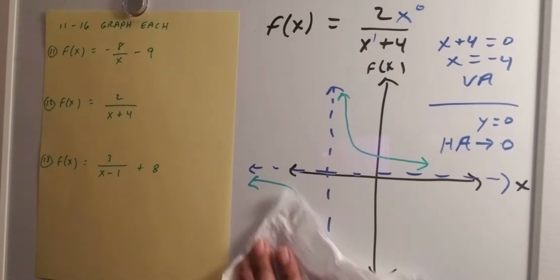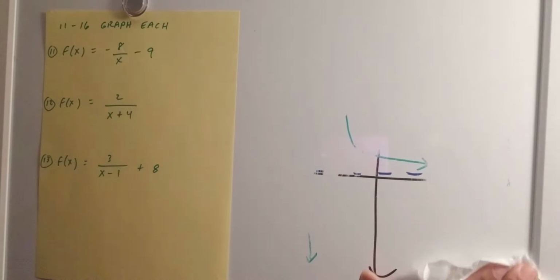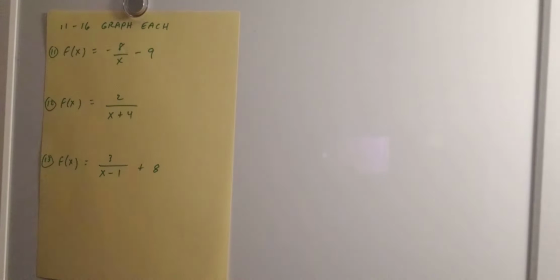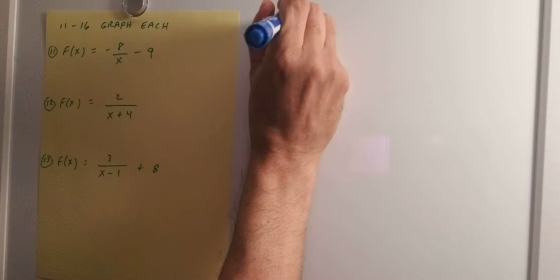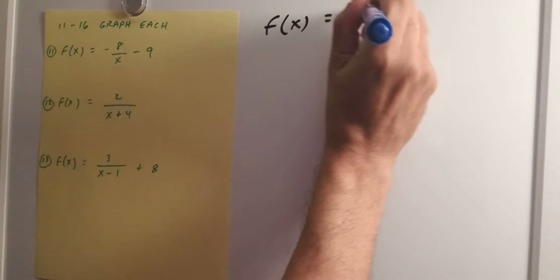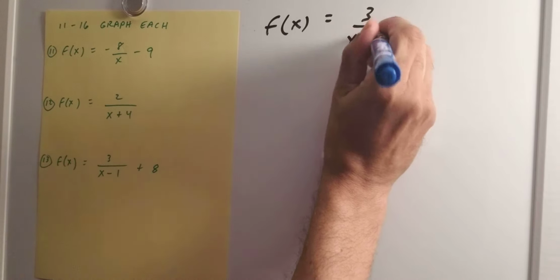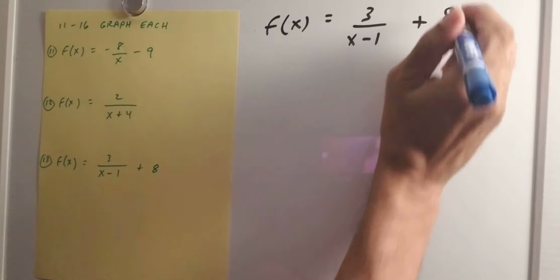Number 13. Graphing the function f of x equals 3 over x minus 1 plus 8.